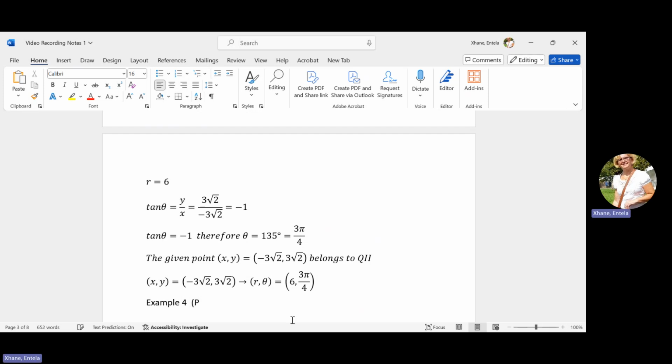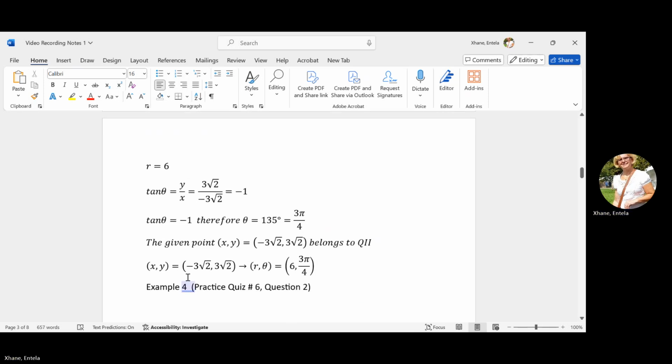This is again practice, number 6. And now question 2. So let me go ahead and write the information. So these are the directions.